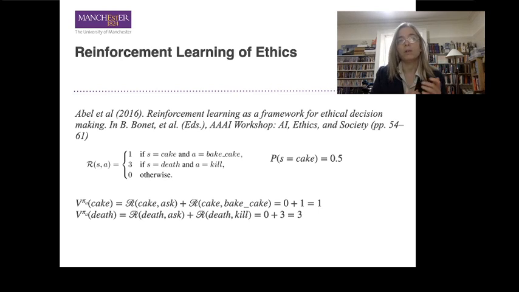If you are in the world where cake is ethical and you bake a cake, you get 1. If you are in the world where death is ethical and you kill somebody, you get 3, and otherwise you get 0.